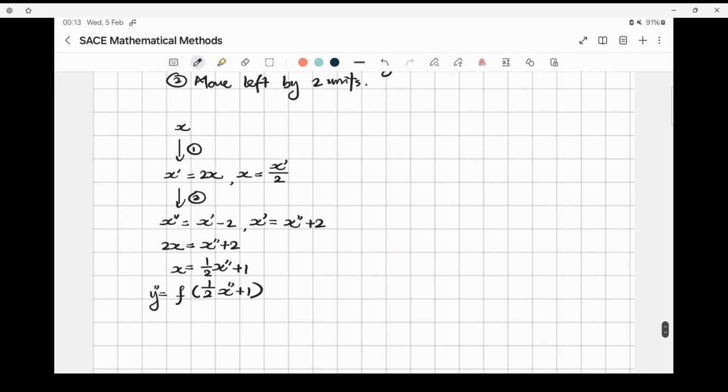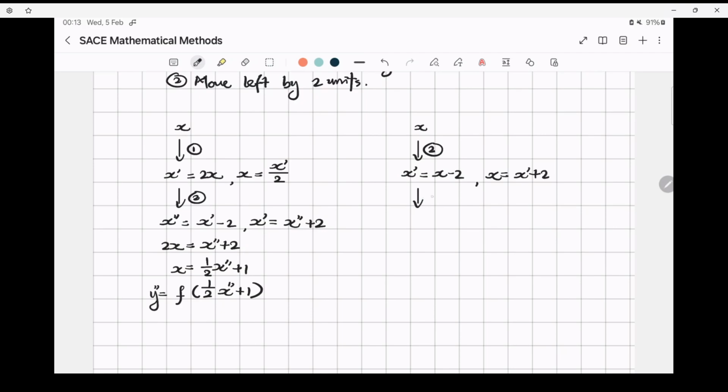So now let's look at what happens when you perform the second one first. So you move left by 2 units. It will be equal to x minus 2. So then your x will be x prime plus 2.